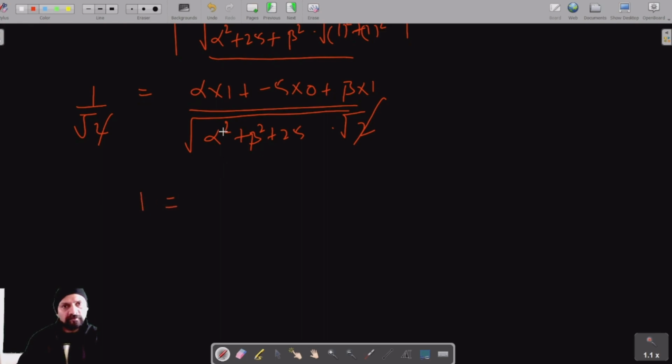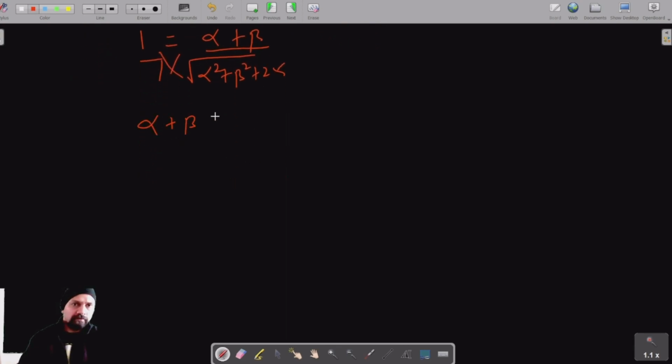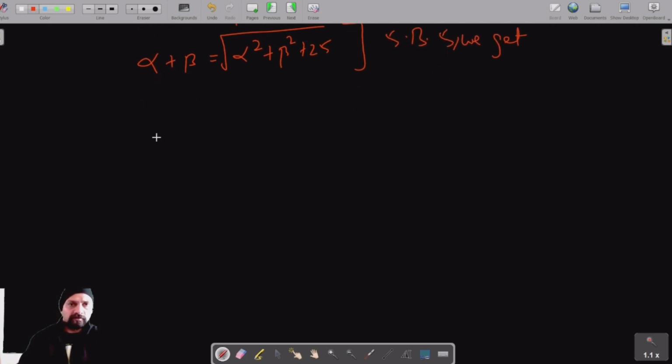So finally we have 1 is equal to alpha plus 0 plus beta upon, under root, alpha square plus beta square plus 25. If we cross multiply, this is alpha plus beta is equal to the root of alpha square plus beta square plus 25, and if we square on both sides, this is (alpha plus beta) the whole square is equal to alpha square plus beta square plus 25, and the square root gets cancelled.